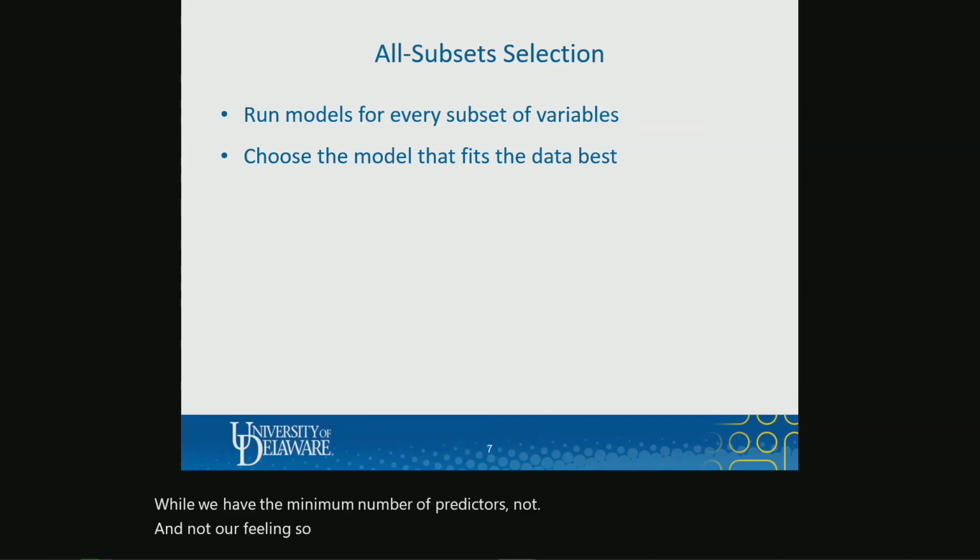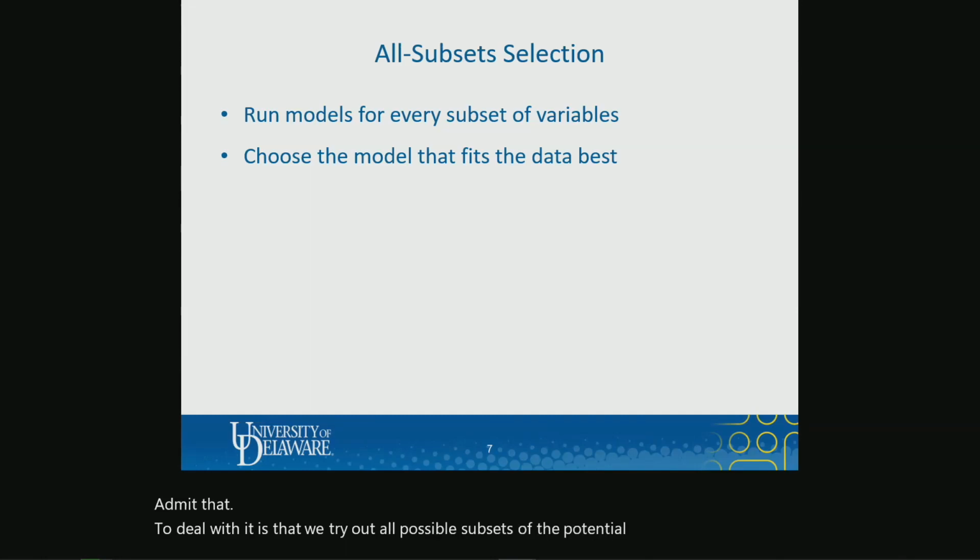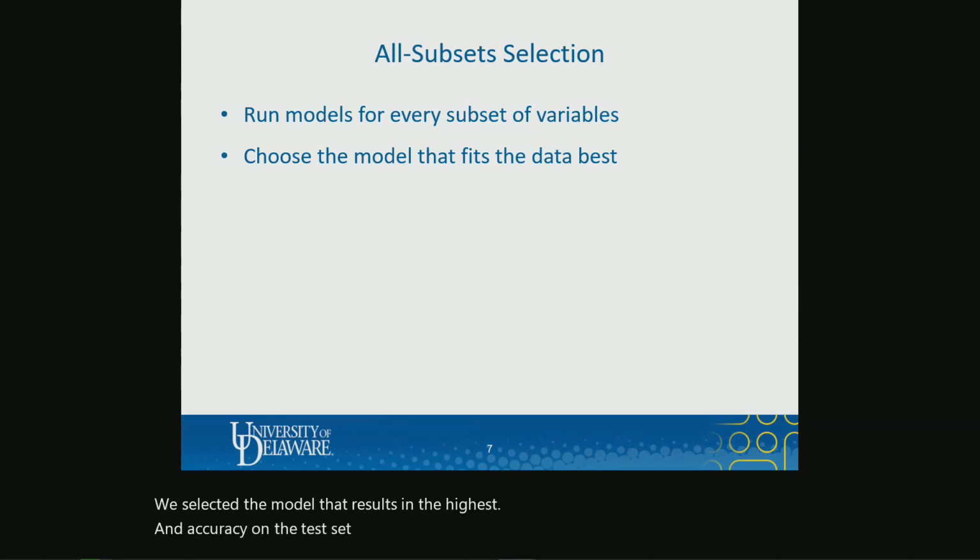So an extreme approach to deal with it is that we try out all possible subsets of the potential predictors, and we select the model that results in the highest accuracy on the test set.